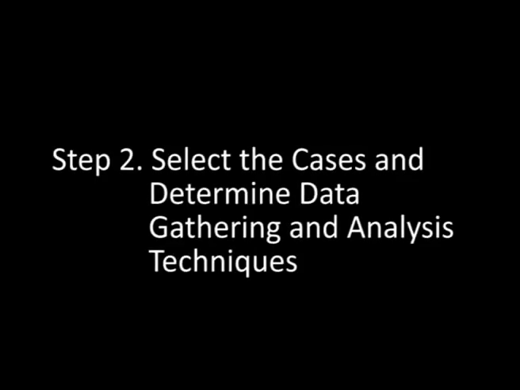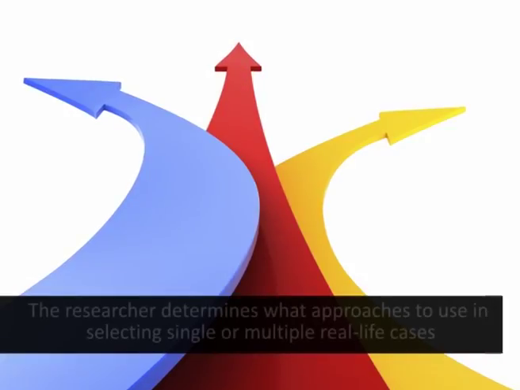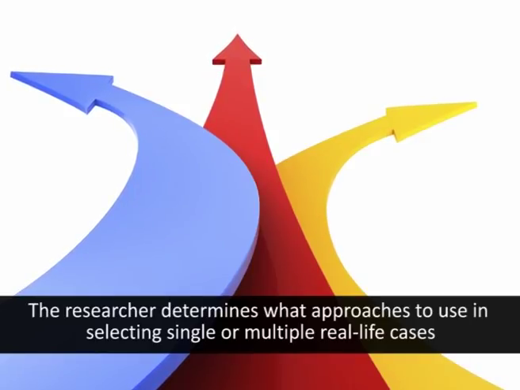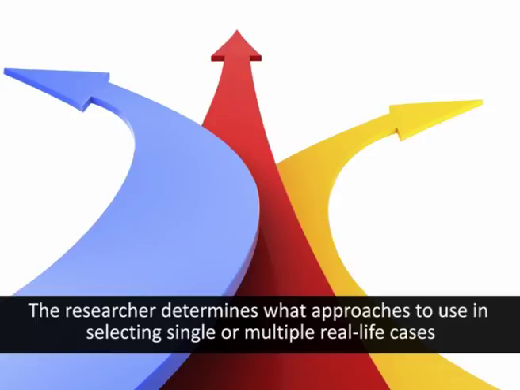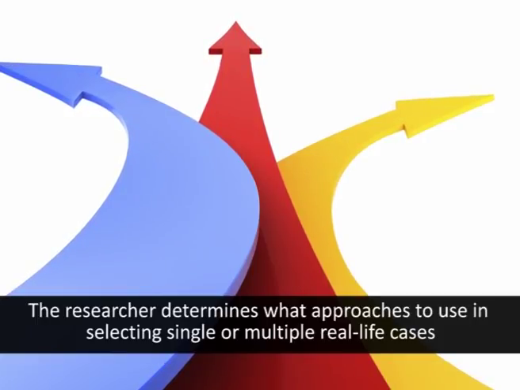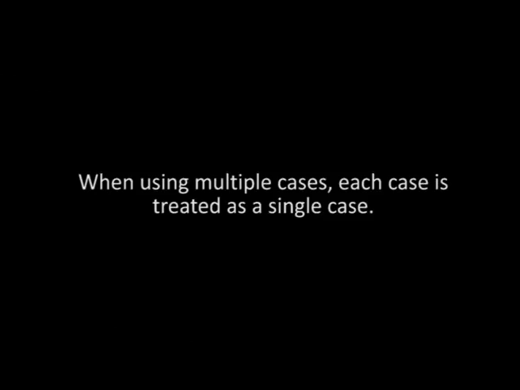Step 2. Select the cases and determine data gathering and analysis techniques. During the design phase of case study research, the researcher determines what approaches to use in selecting single or multiple real-life cases to examine in depth and which instruments and data gathering approaches to use. When using multiple cases, each case is treated as a single case.